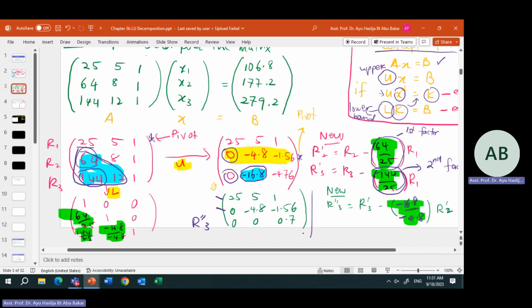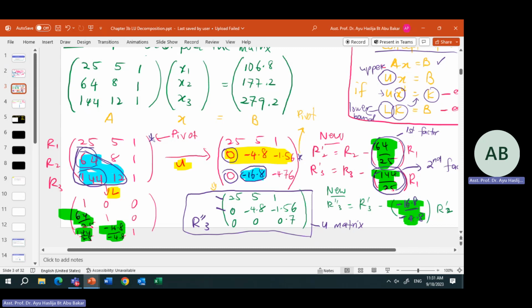We are here at the upper bound. So this is your U matrix, the final U matrix. Once you are done with the U matrix, now generate the L matrix.